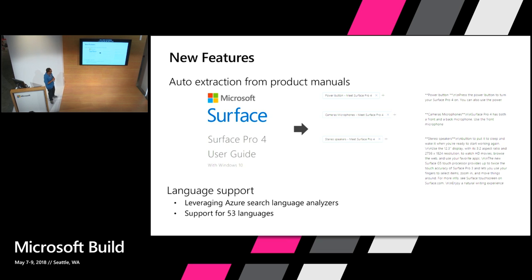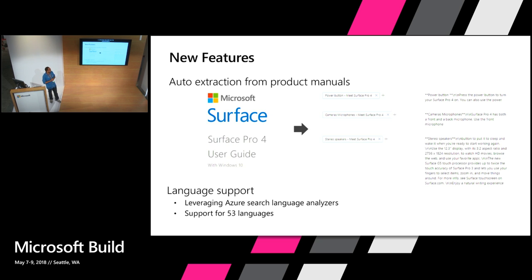And finally, language support. I briefly mentioned we took a dependency on Azure Search. One cool thing that gives us, other than being a highly scalable service, is that Azure Search has a concept of language analyzers. They have both the Lucene and the Microsoft analyzers, and language analyzers bring in their own set of things like word breakers, lemmatization, and stemming.